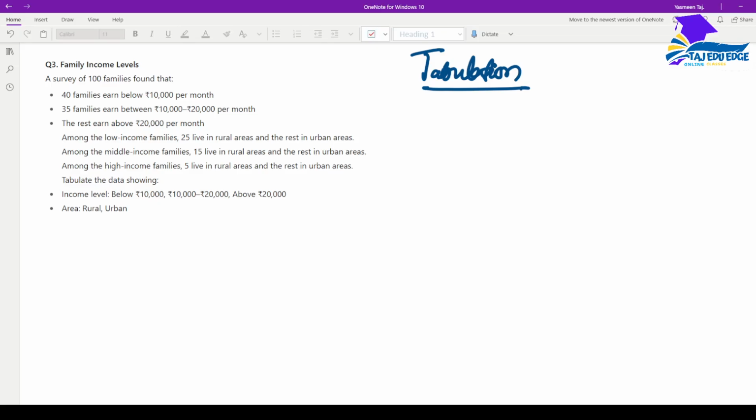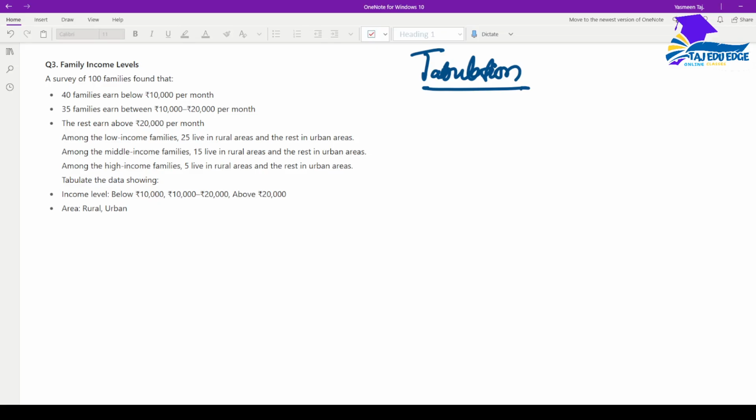A survey of 100 families found that 40 families earn below 10,000 per month, 35 families earn between 10,000 to 20,000 per month, and the rest earn above 20,000 per month. Among the low income families, 25 live in rural areas and the rest in urban areas.